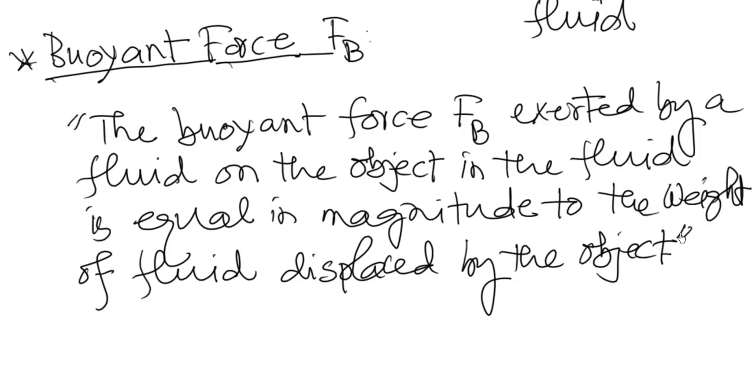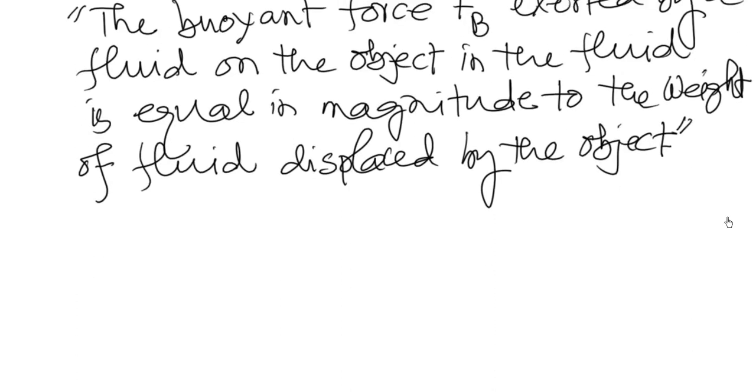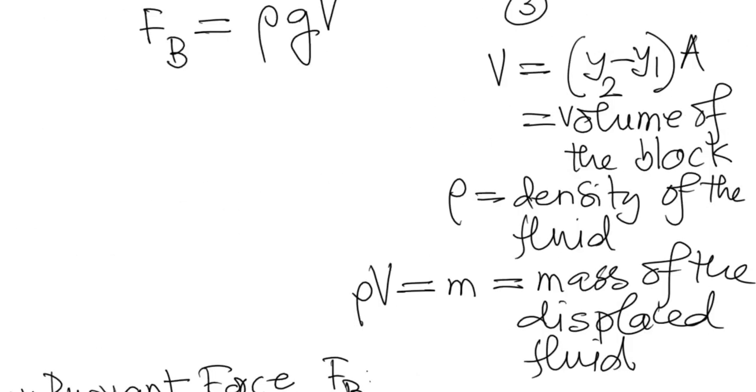The upward or buoyant force on the object is that stated by Archimedes' principle above. Thus, the net force on the object is the difference between the magnitudes of the buoyant force and its weight. Okay, the object that is inside the fluid we have shown here.